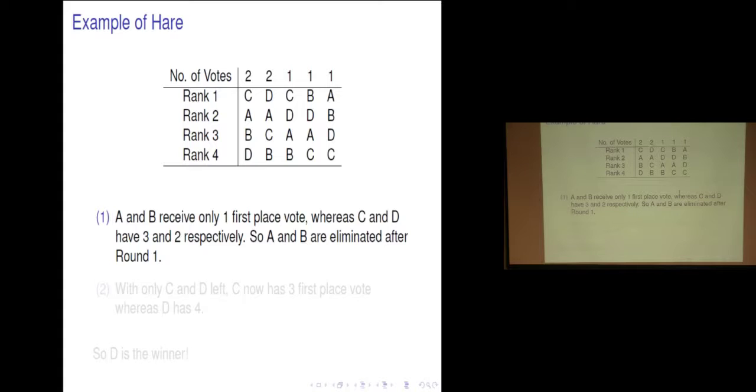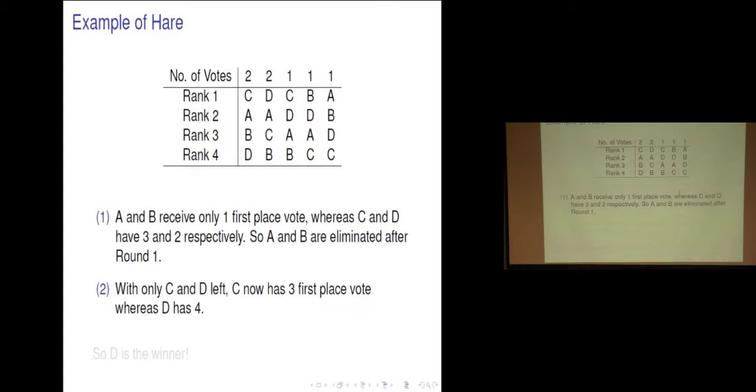D has 2, and A and B both have 1. So the least preferred are A and B, because they only get 1 vote each. They tied at the least preferred position, so they are out. A and B receive only 1 first place vote, whereas C and D have 3 and 2 respectively. So A and B are eliminated after round 1.